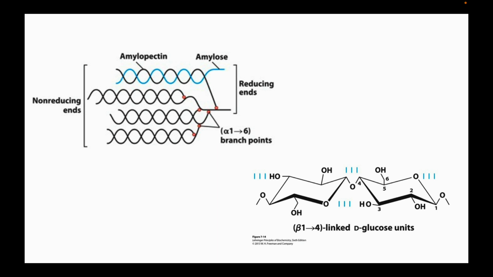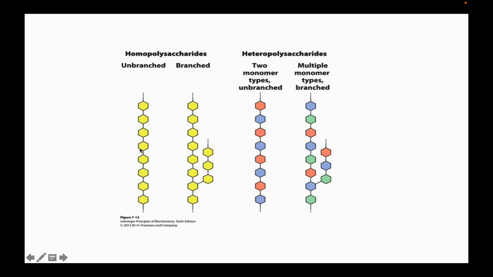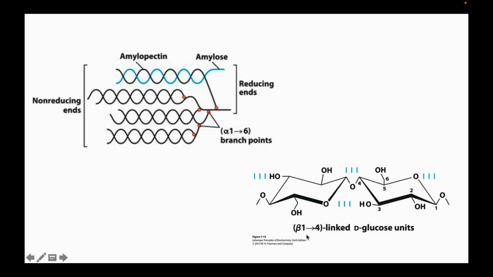Glycogen is a storage carbohydrate in our body. It is highly branched. That is the only difference between glycogen and starch. And cellulose, first of all, is unbranched, and it has beta 1,4 linkage. This is very important. Why are we not able to digest cellulose?